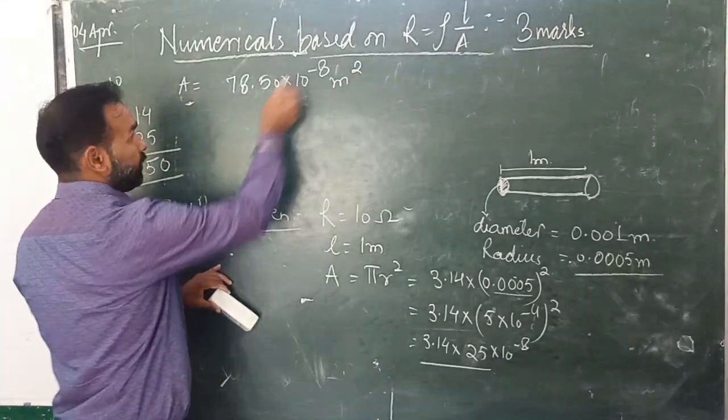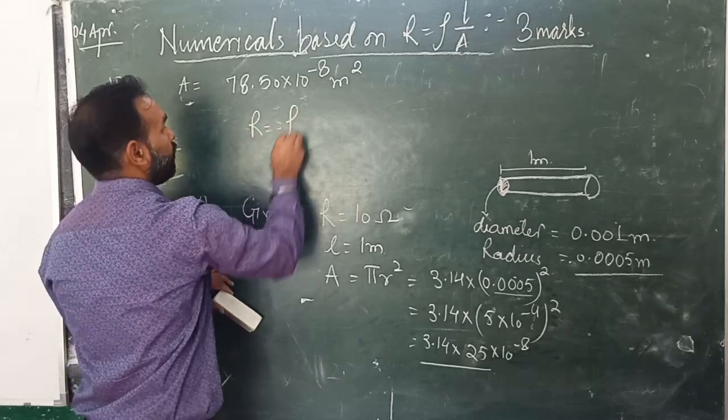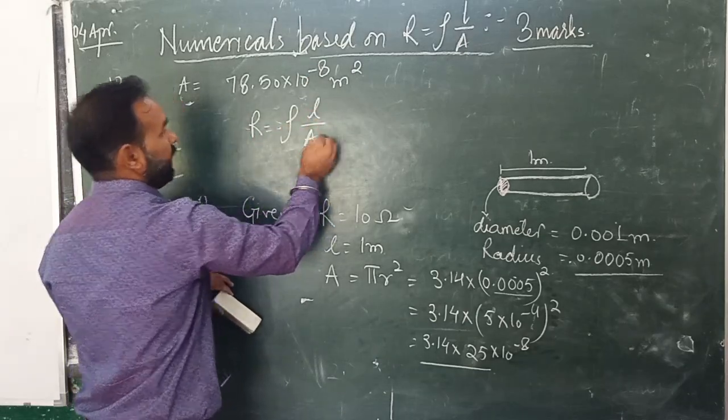Clear? Now you will put this in the formula R equals rho L upon A.